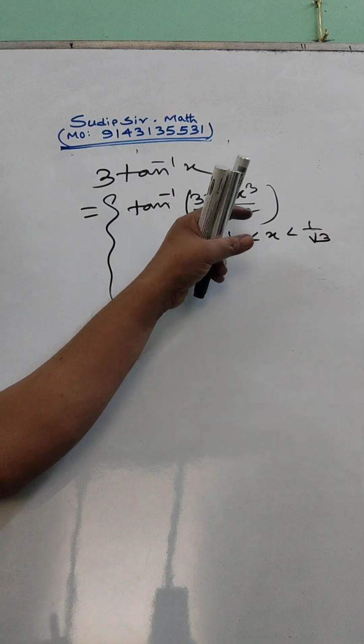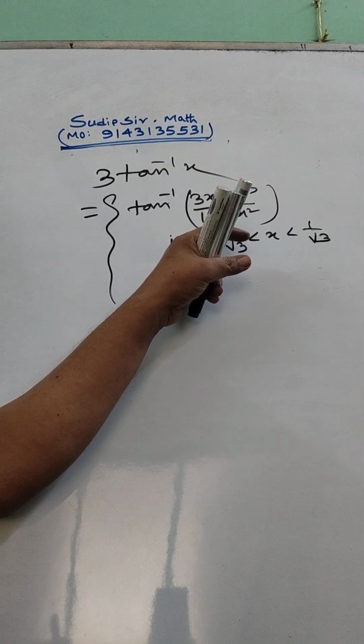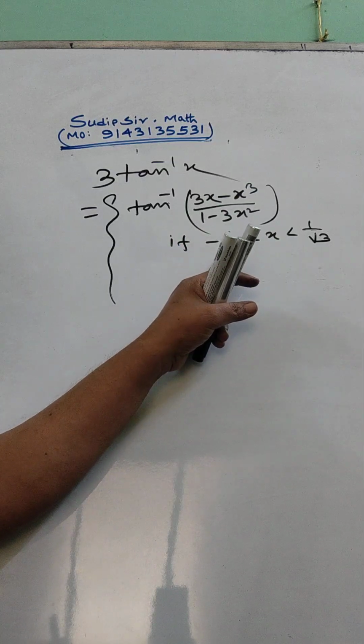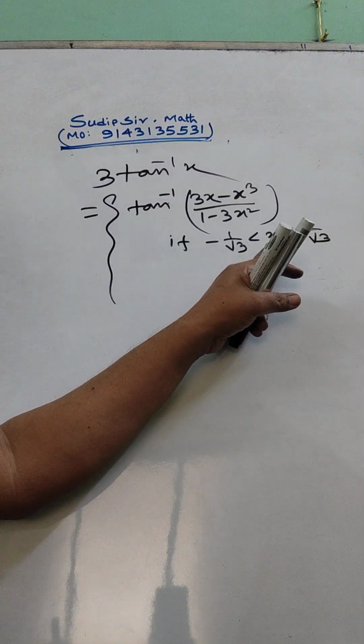Tan inverse of 3x minus x cube by 1 minus 3x square if x is between minus 1 by root 3 and 1 by root 3.